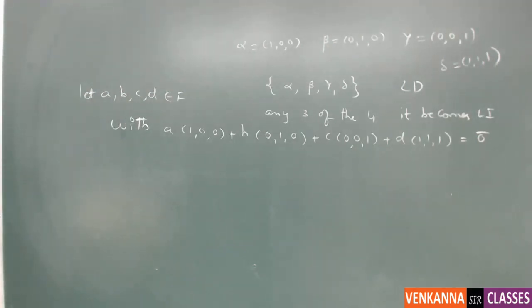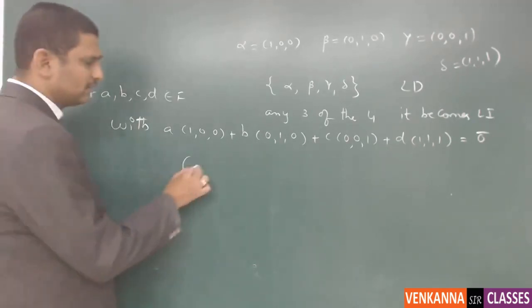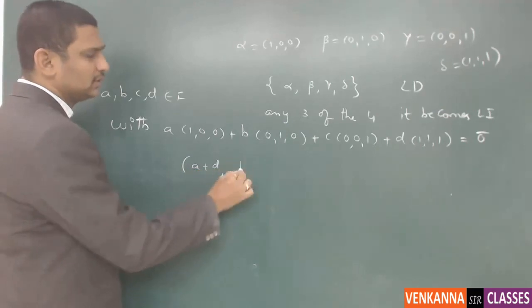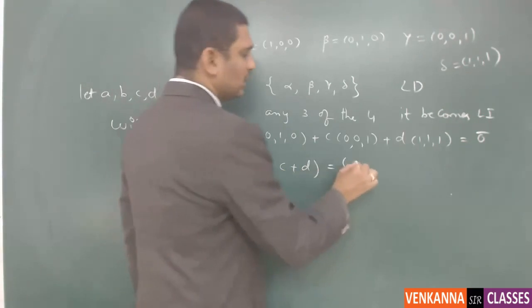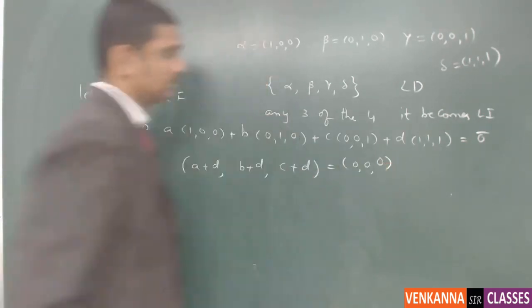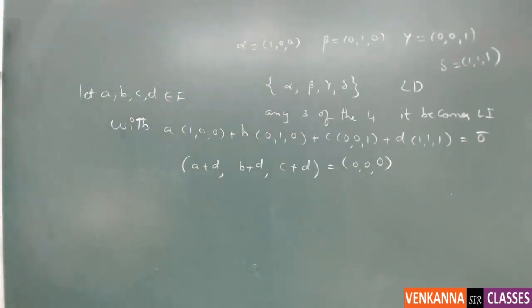Now we need to show you can find non-zero values for A, B, C, D. So if you simplify, it is nothing but A plus D, B plus D, C plus D is equal to 0, 0, 0. So please check that simplification. Agreed?